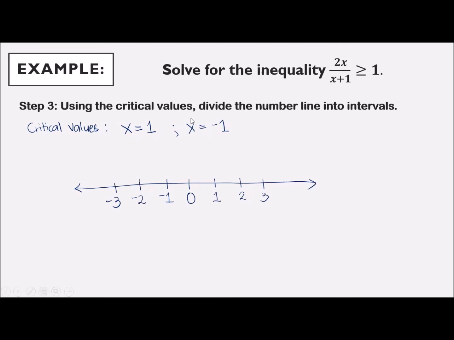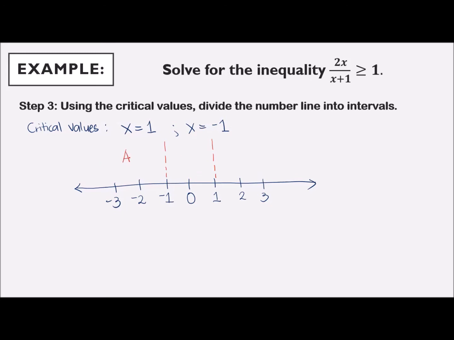Sabi kasi dito, divide the number line into intervals. So, gamit tayo ng other color para makita natin. So, andito si 1. So, andyan yung isang boundary natin. Tapos yung -1, andito naman sa kaliwa ng 0. So as you can notice, how many parts do we have? Or how many intervals?